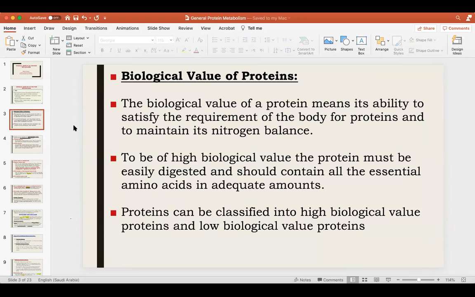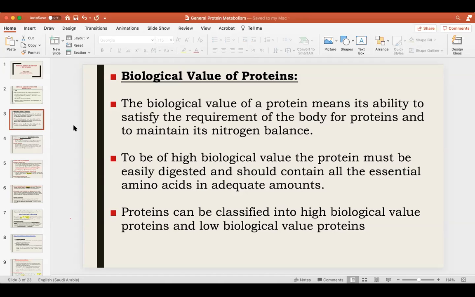This is the introduction about the protein. The biological value of the protein depends on if the protein is able to satisfy the requirement of the body for the daily requirement of proteins and to maintain the nitrogen balance. What is a nitrogen balance? We are going to define it.